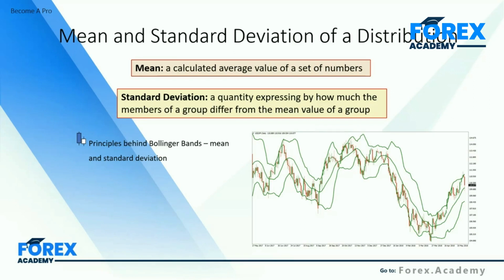The standard deviation here is a quantity expressing by how much the members of a group differ from the mean or the average value of a group. So we take this group of all market traders, buyers and sellers. We have a mean or an average pricing nature with the medium-term line going through the middle of our Bollinger Bands. Then we set the Bollinger Bands to reflect a standard deviation from that mean.